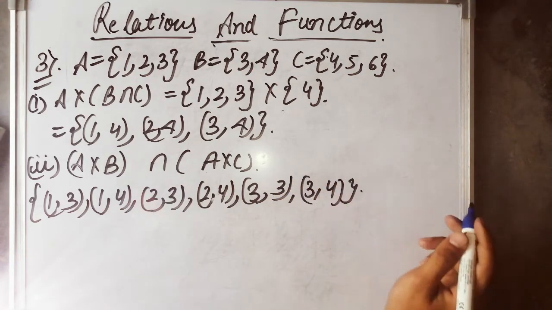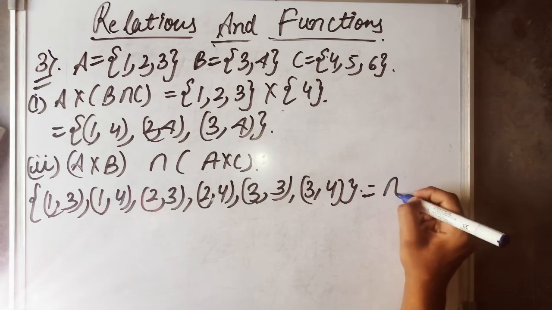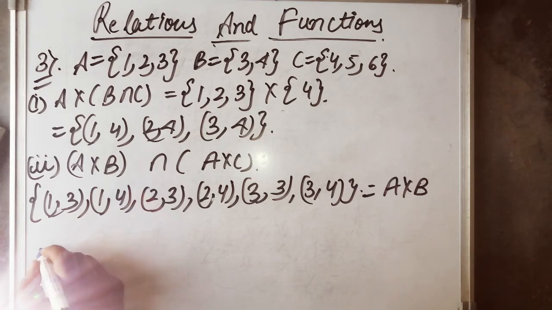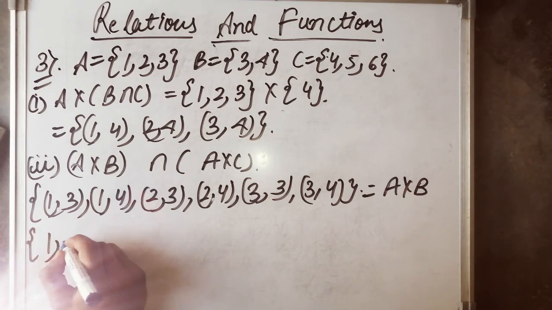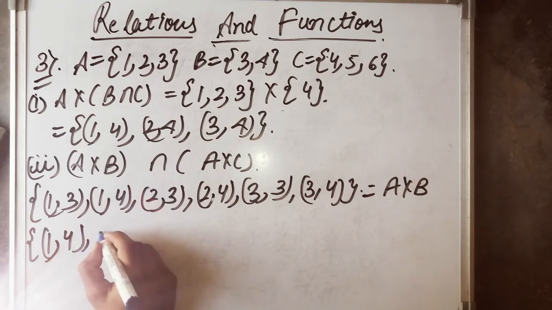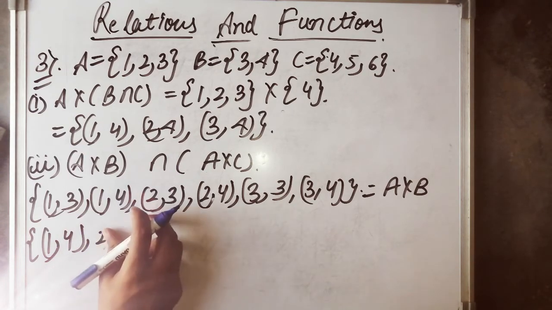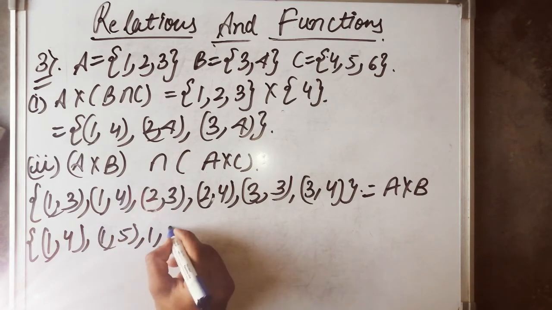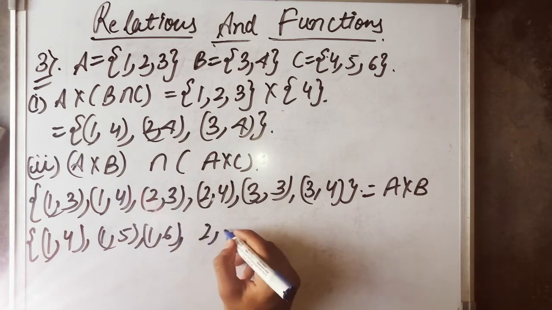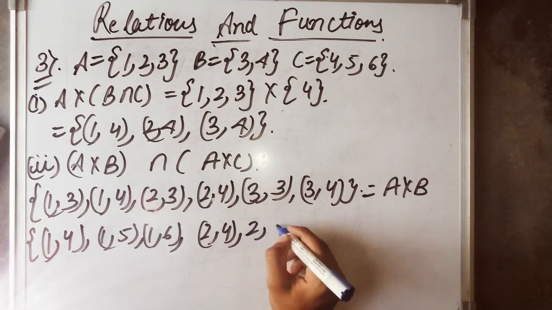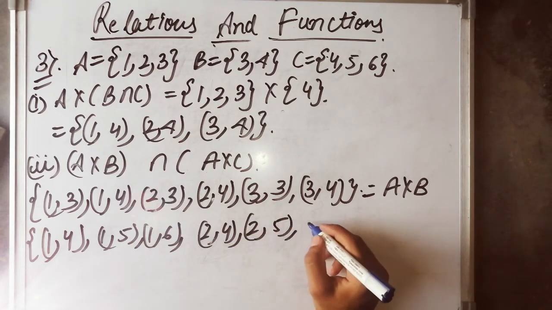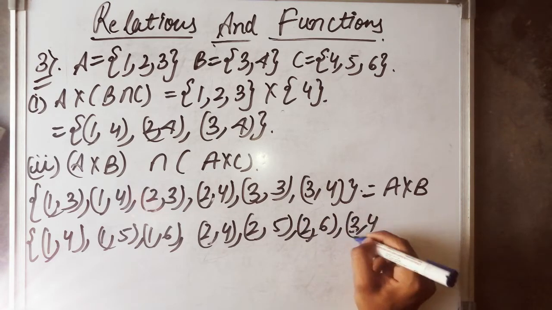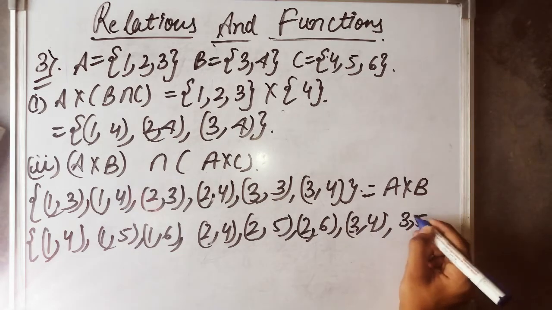And A cross C equals (1, 4), (1, 5), (1, 6), (2, 4), (2, 5), (2, 6), (3, 4), (3, 5) and (3, 6).